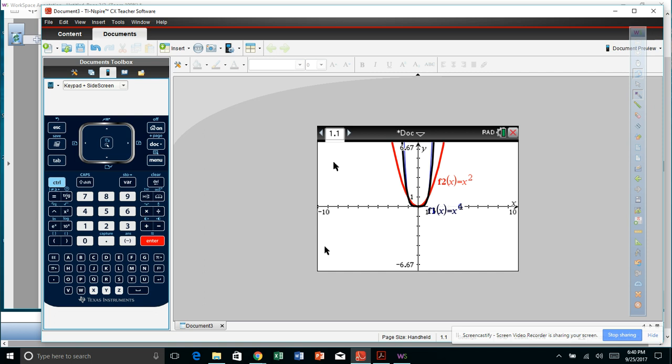Notice how they do there. The legs are up. It just gets a little flatter down in here. Tab.